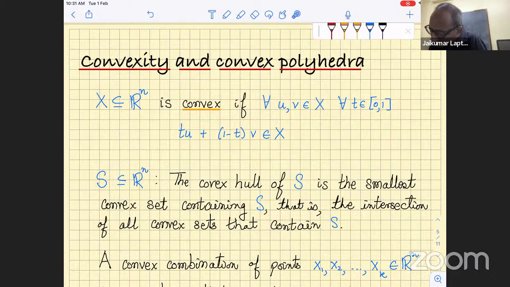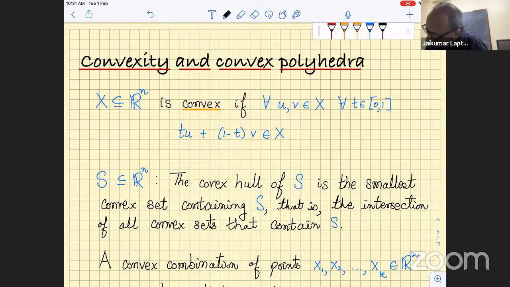What do we mean by convex? Whenever there are 2 points in X, then the entire line segment joining the 2 points must be in X. That's correct. So whenever a set satisfies this property, it is called a convex set.